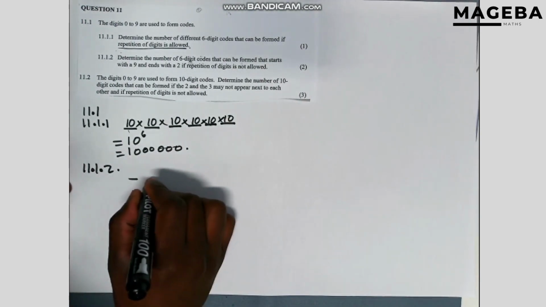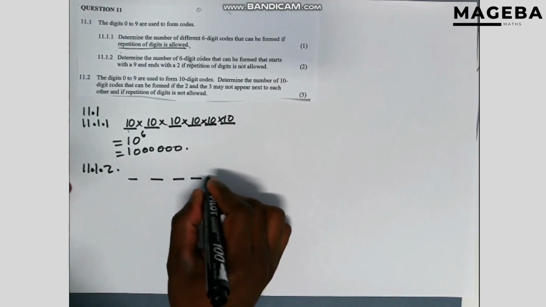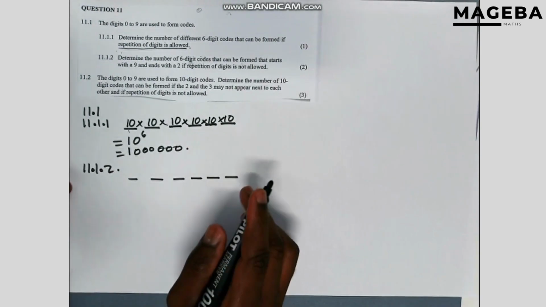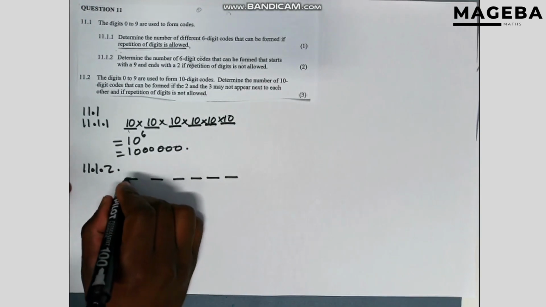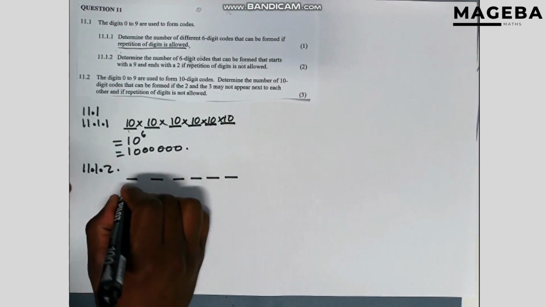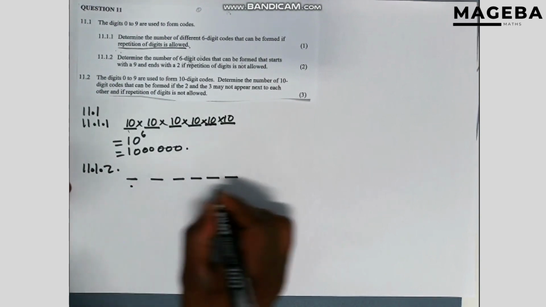Now 1, 2, 3, 4, 5, 6, forming what? 6 digits. Yes, we are forming 6 digits. They are telling us that they want number 9 here. We want number 9 here, so we're gonna start with 9 here.